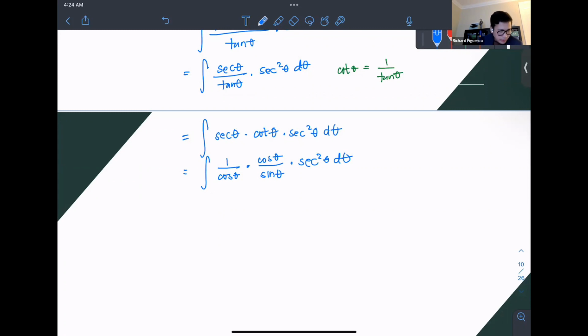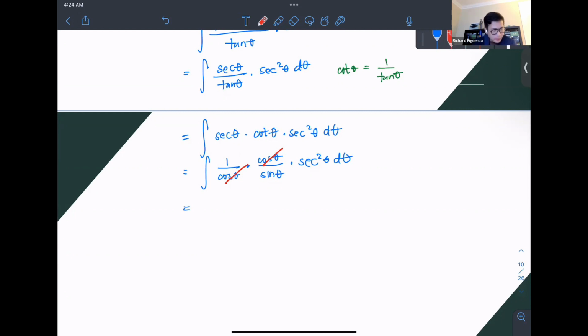And then afterwards, so we can make this one as, or cancel that out. So I'll have the 1 over sine theta, 1 over sine theta, then multiply it with secant squared theta.